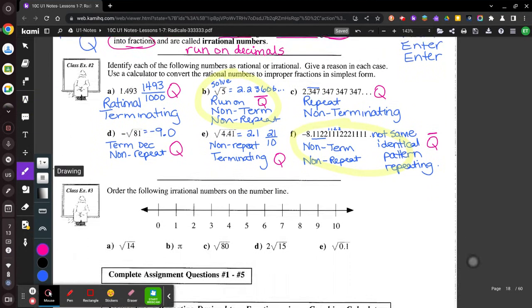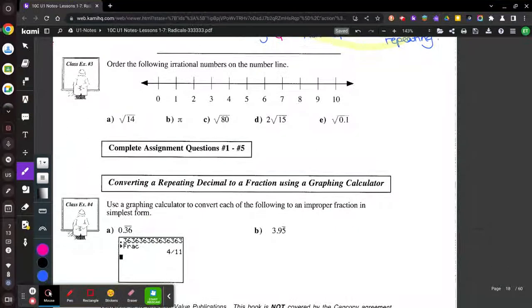All right, continuing down. Now we want to order irrational numbers on a number line. In order to do so, we convert to decimals first, and that's going to tell us their approximation place. So root 14, I'm going to get 3.741, etc. It's going to run on forever, of course.